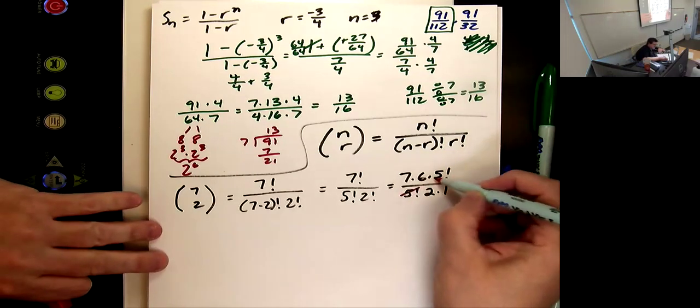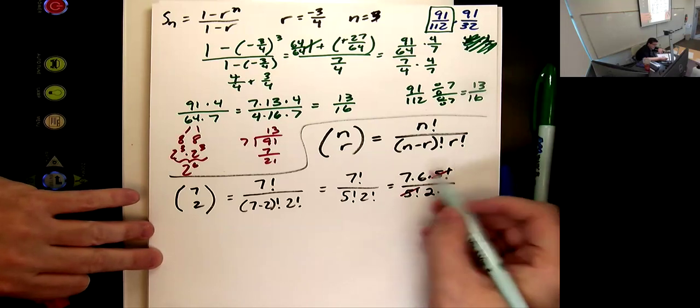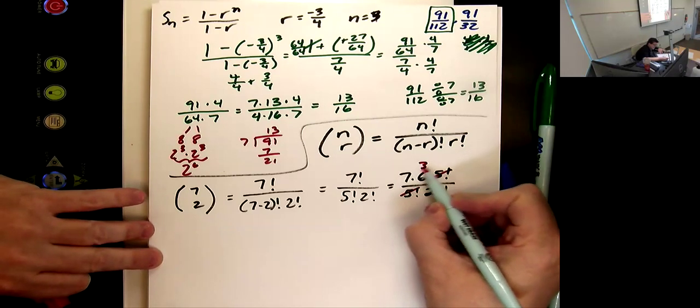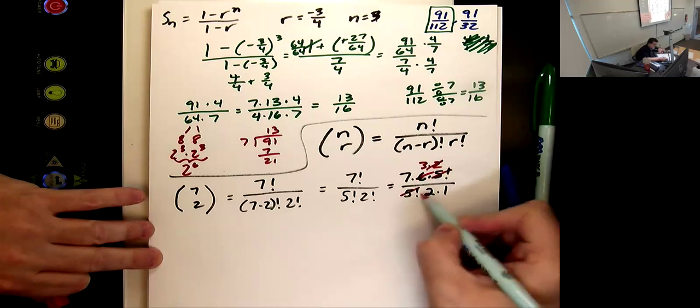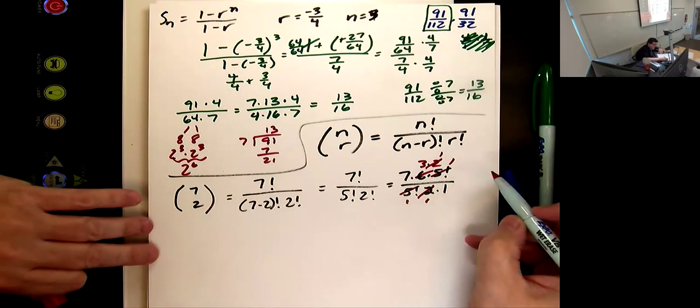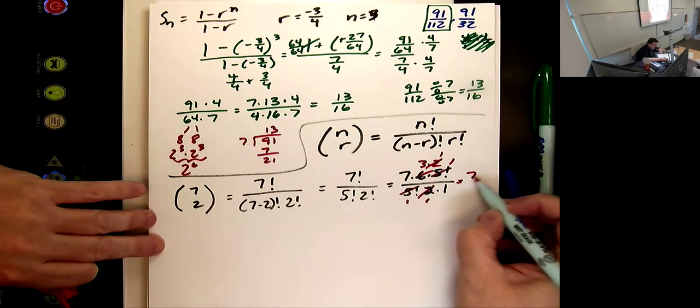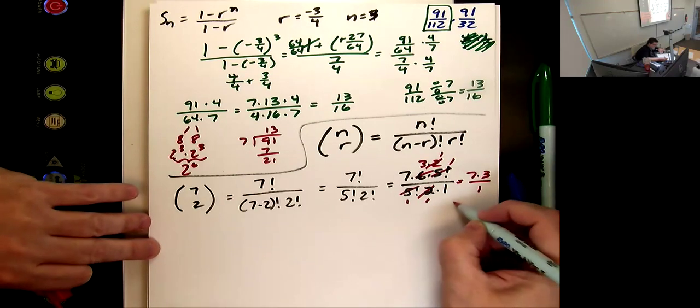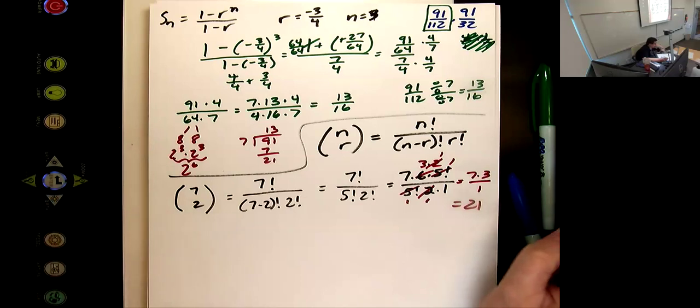And the 5 factorials cancel. And 6 is 3 times 2, so the 2 cancels. Everything I cancel out leaves behind a 1. On the left, with 7 times 3 on top, 1 on bottom. This is just 21.